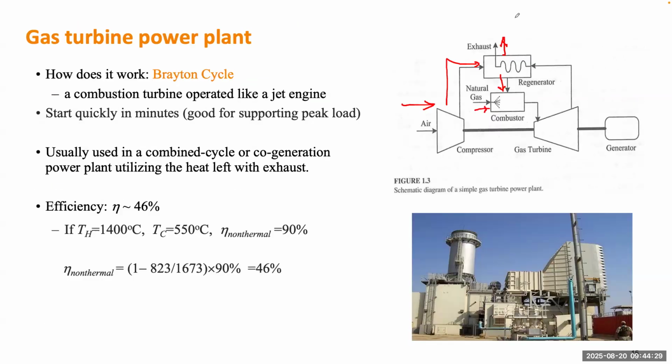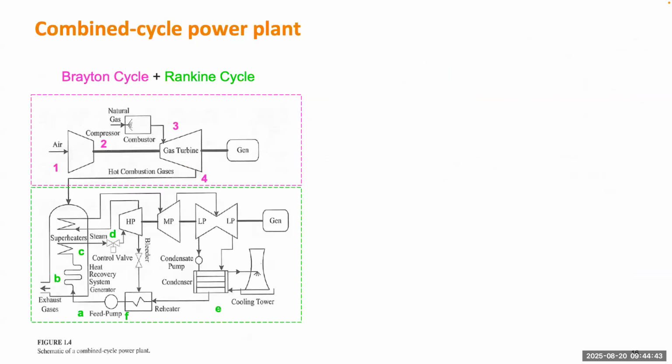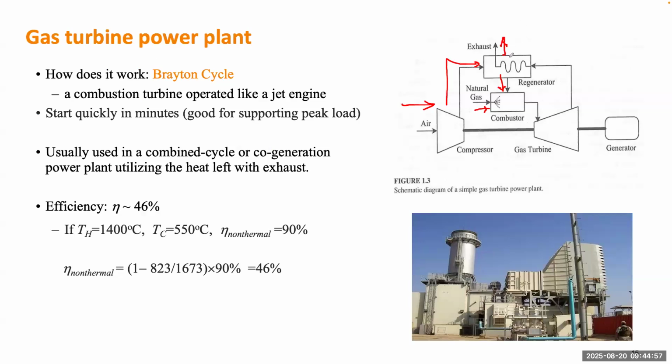Okay, so for this specific example, I intentionally made the cold temperature, even though I still call it cold temperature, very high. This temperature I intentionally make the same as the high temperature of the steam turbine. So that is naturally the idea of a combined cycle power plant. In a combined cycle power plant, I have the gas turbine running, and if the gas turbine is on its own, this exhaust can be a loss.